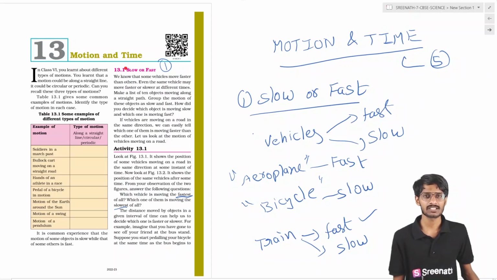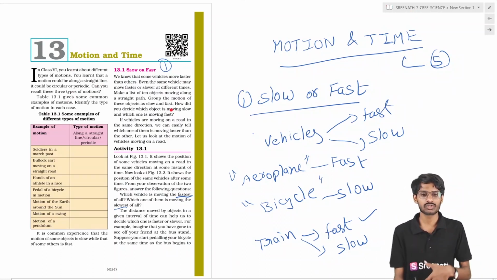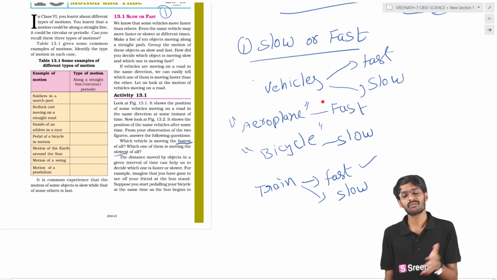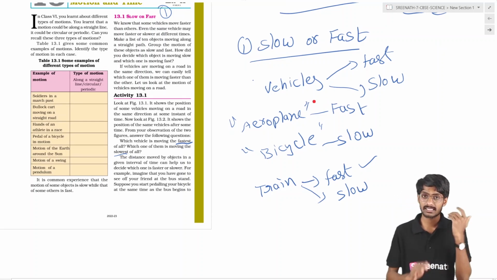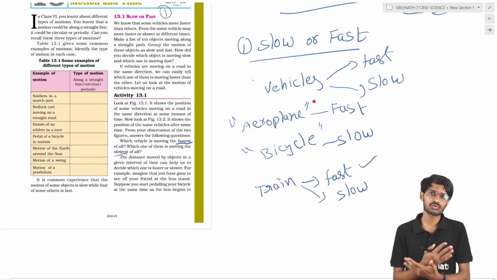Motion and time is the present chapter. It has 5 topics. The first topic is slow or fast. Some vehicles move fast and some move slow, and the same vehicle may move fast at some time and slow at another time.